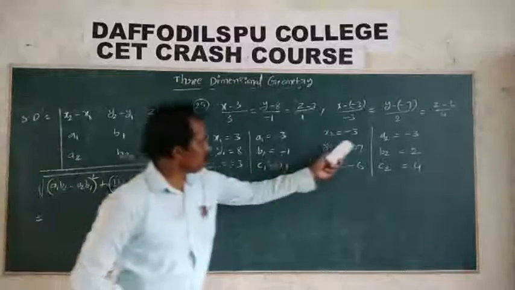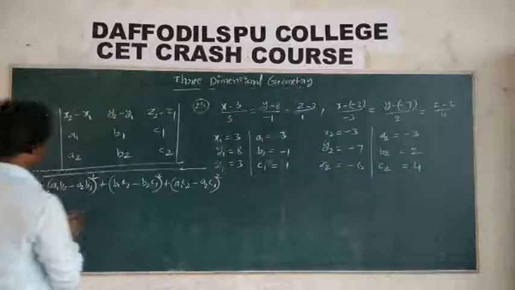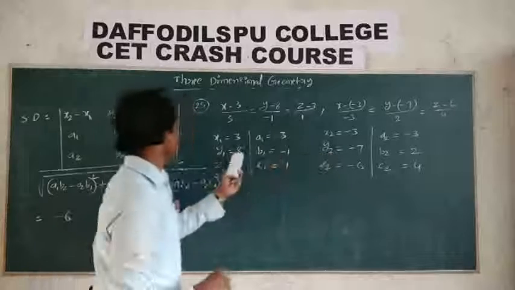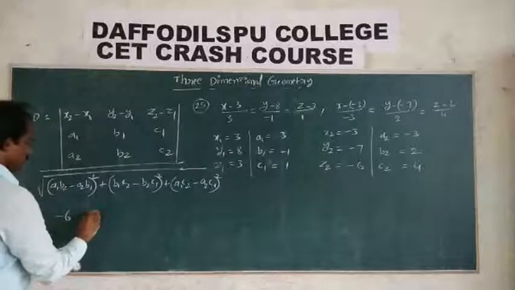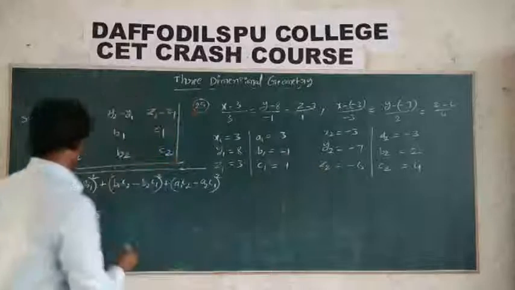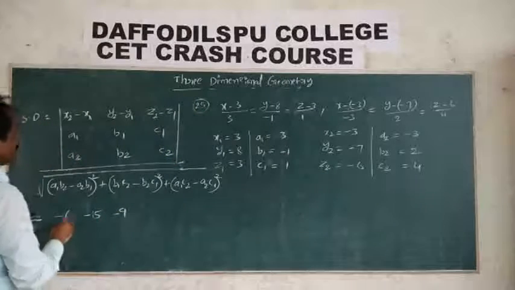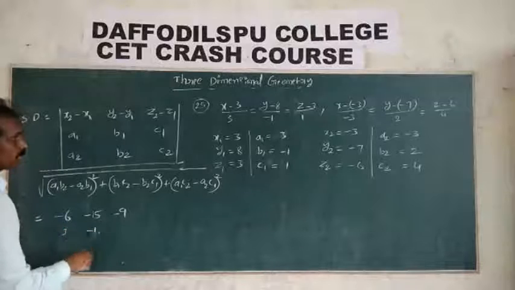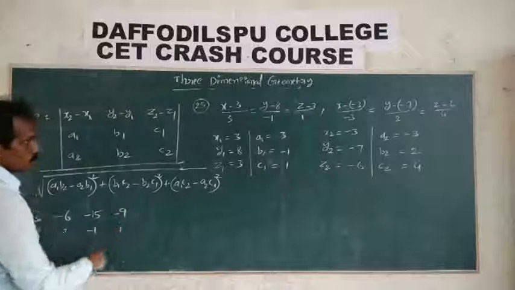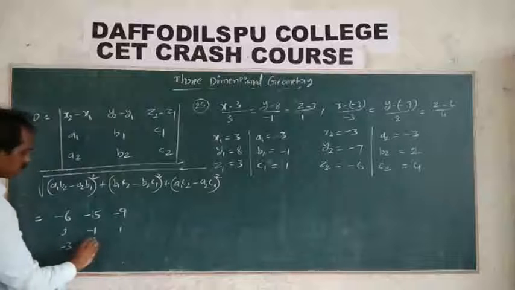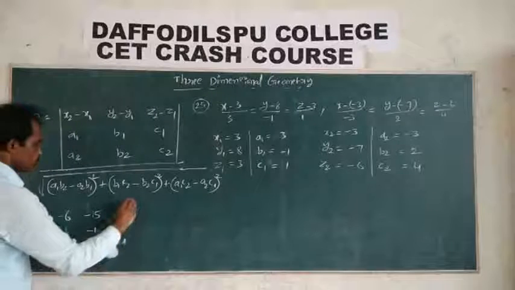x2 minus x1, minus 3 minus 3, minus 6; y2 minus y1, minus 7 minus 8, minus 15; z2 minus z1, minus 6 minus 3, minus 9. Then a1 b1 c1, 3 minus 1 1, and a2 b2 c2, minus 3, 2, 4.